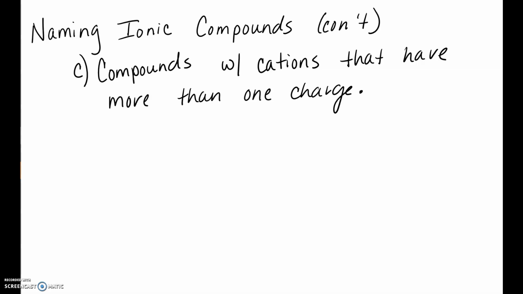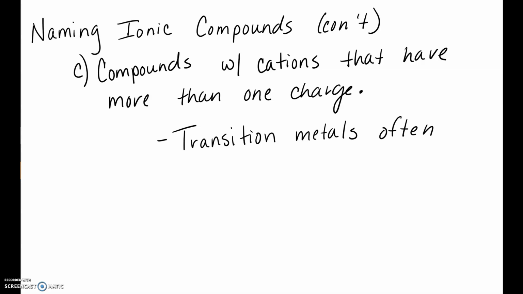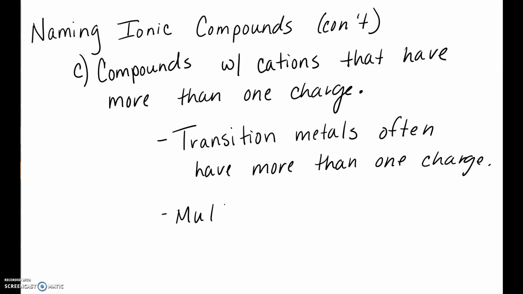The cations that have more than one charge are transition metals. Transition metals often have more than one charge, and this is because they make multiple ions.